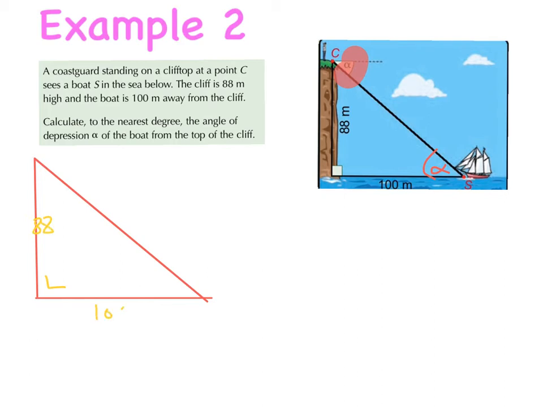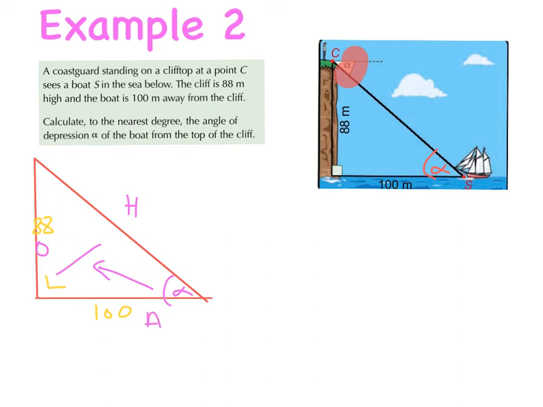I'm told this is 100, and I'm asked to find this angle here, but that's an alternate angle for this angle here. So I'm going to find this angle here because that's inside my triangle, and that's how I can use sine, cosine, and tan. So step 1, label. So obviously opposite the right angle, this is my hypotenuse. Opposite the little angle here in the corner is your opposite, and the last one here is adjacent.